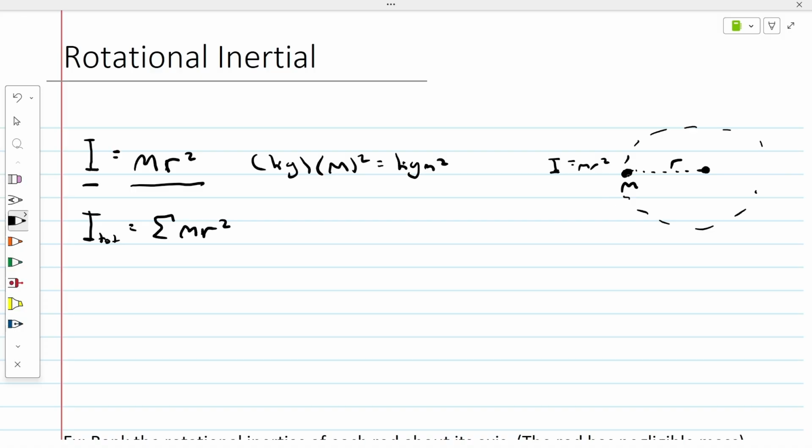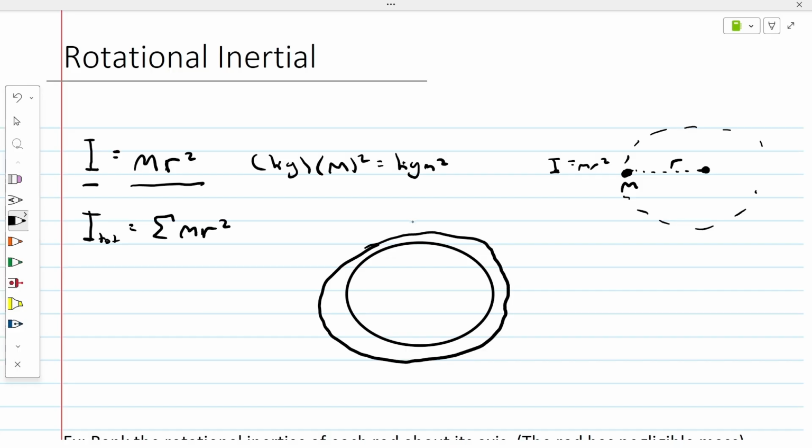But now let's say that we had like some ring of mass rotating. So let's say we have like a ring here, and I'll do it in black actually. So we have like a circle like this. Imagine this is a perfect circle, and it's like a ring, right? And so this ring is rotating around. So we can have this point, and each point of this mass, each point on this ring is a radius r.